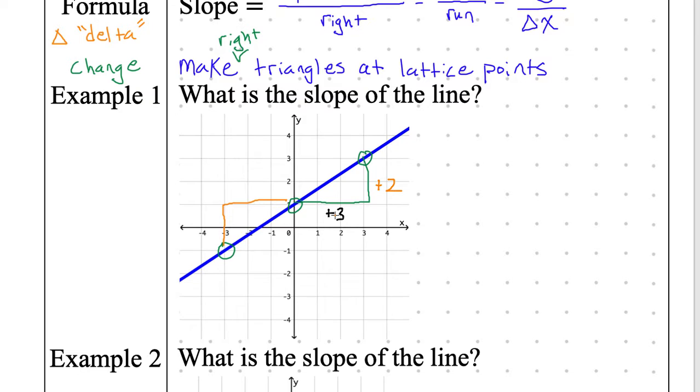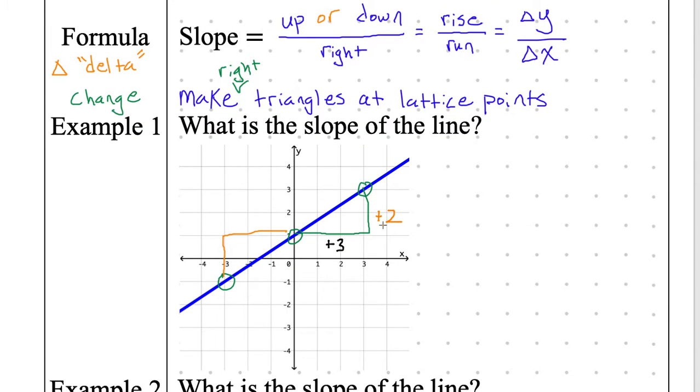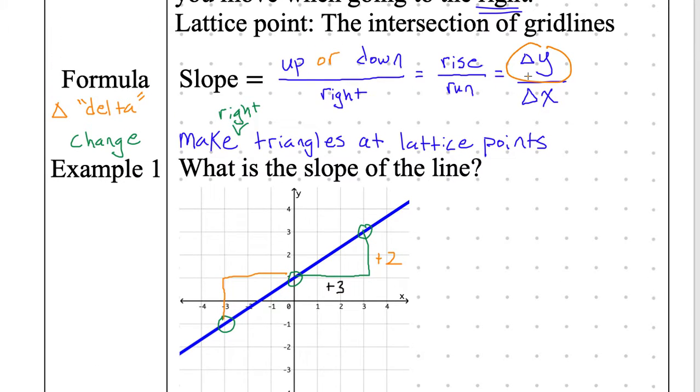The sign here matters, if it's positive or negative. I could do it this way too. If I'm going up to right 3, it doesn't really matter because I'm still going right 3 and up 2, because I know that the up and down, the y coordinate, is going to go on the top of the fraction, and only the right will go on the bottom.